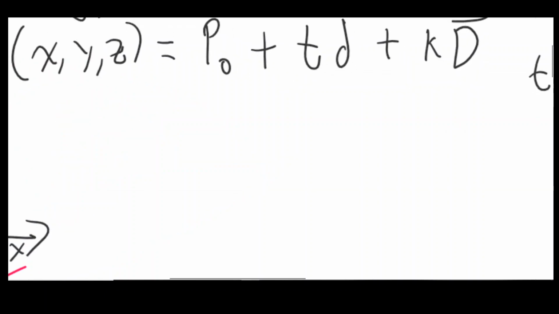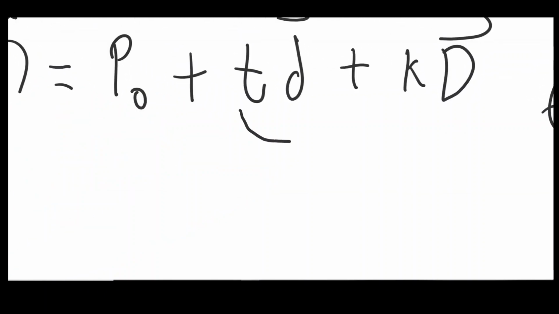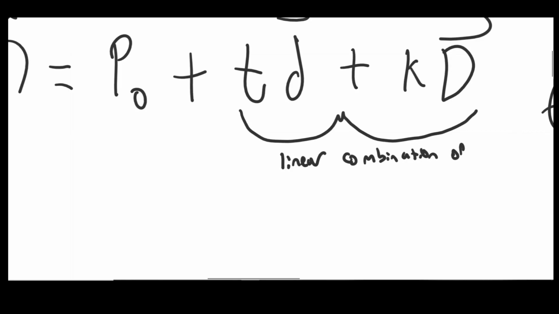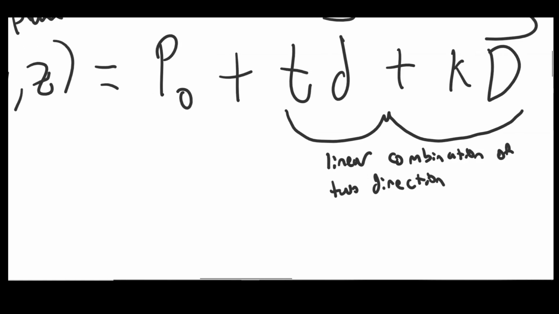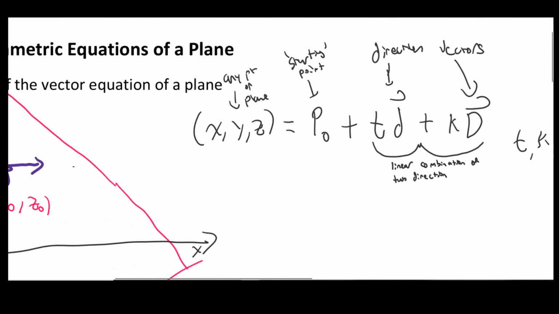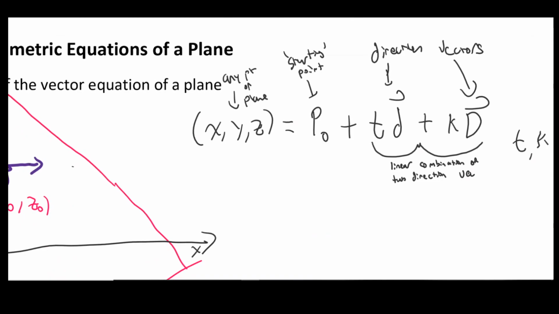And what I kind of want to focus in on is this handy dandy thing. We've got a name for that. We've got a linear combination of the two direction vectors. So we've got a starting point plus some linear combination of two direction vectors.